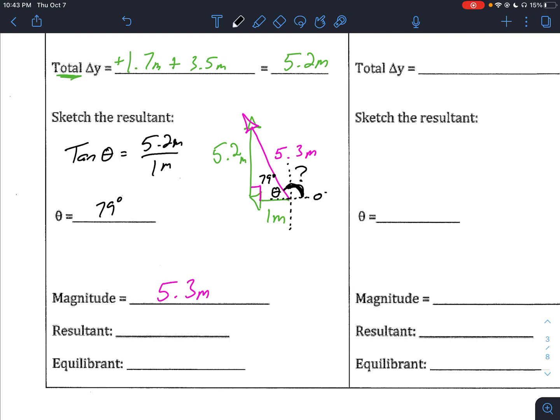So if straight left is 180, if I do 180 minus 79, I get my resultant direction. That big angle is going to be 101 degrees.